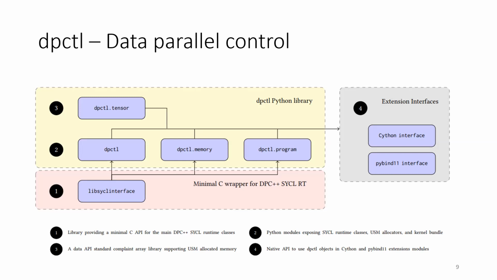So this is the module we use to interact with the hardware. Dpctl is also available as part of the oneAPI Intel Distribution of Python. Once you install oneAPI, Dpctl is ready to be used.